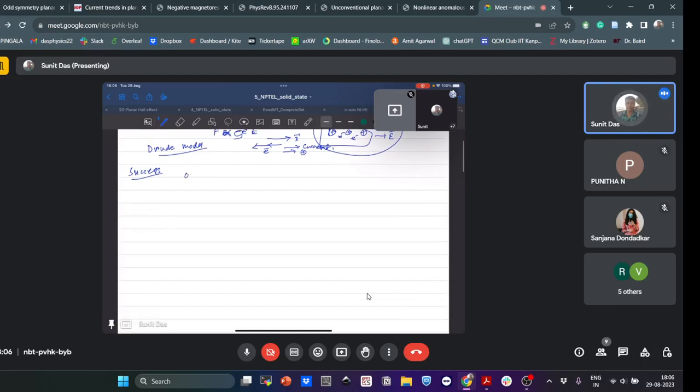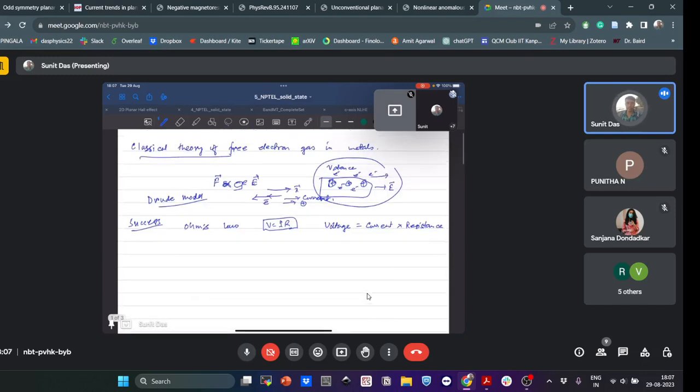One of the successes is Ohm's law, which says V equals IR, one of the mathematical forms of Ohm's law. The voltage developed equals the electrical current times the resistance. So what is resistance? Whenever electrons pass through this metallic system, they scatter with each other.